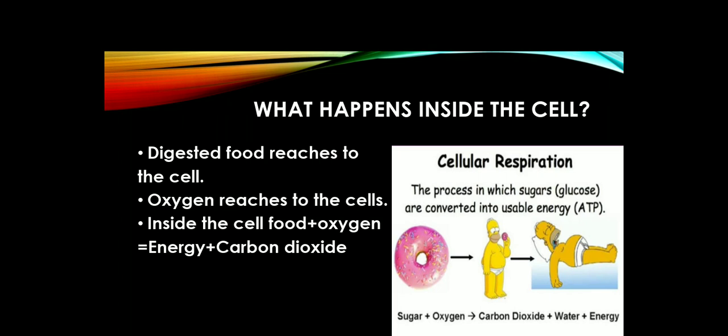In the cells, oxygen acts on the digested food to make energy, and carbon dioxide is produced as the waste material. This is carried away from the cells by the blood. So children, inside the cell, food plus oxygen equals energy plus carbon dioxide.